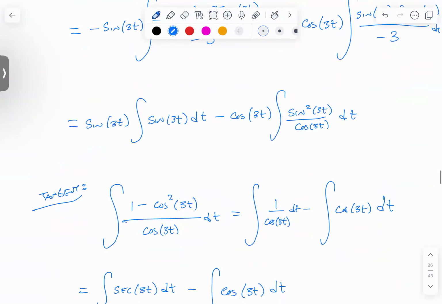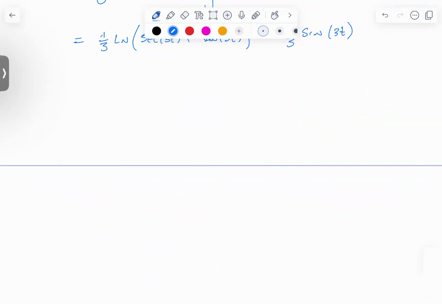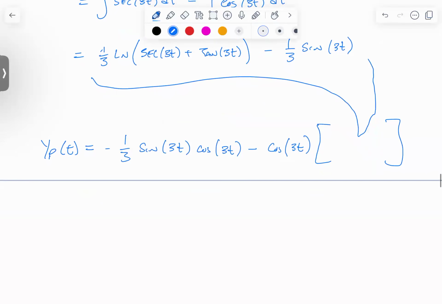Okay, so back to the other ones, and again, the rest of that is multiplying by some sines, cosines stuff. So back to the particular solution, that first one, negative 1/3 sine t cosine 3t minus, and that would be cosine of 3t times this whole thing that we just have right here. And we could simplify that down a little bit.